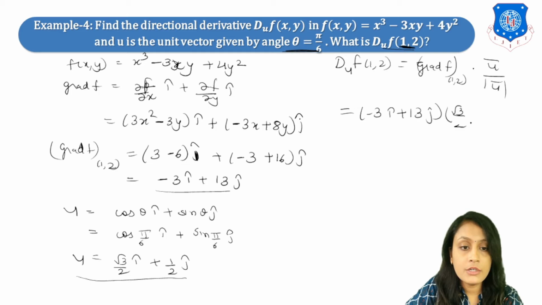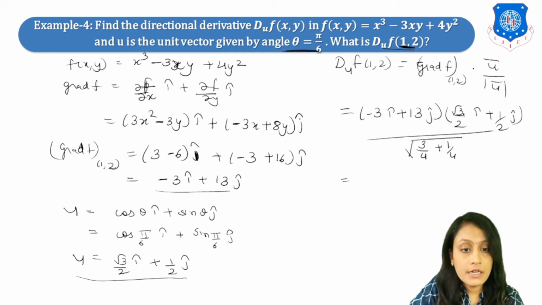Root 3 by 2 i plus 1 by 2 j, okay, upon its magnitude. Now the magnitude of this term u, okay. So here it is under root 3 square, this is 3 upon 4 plus, now from here we'll get 1 upon 4. We have to just square these two terms and add them, okay.